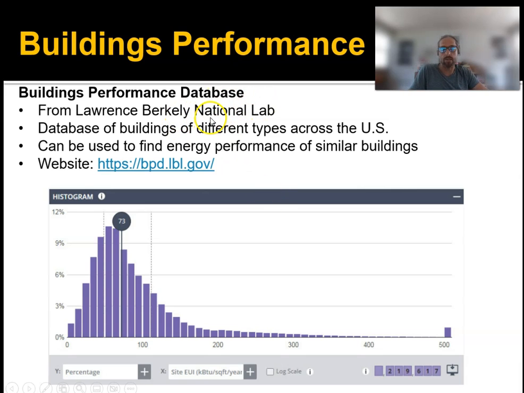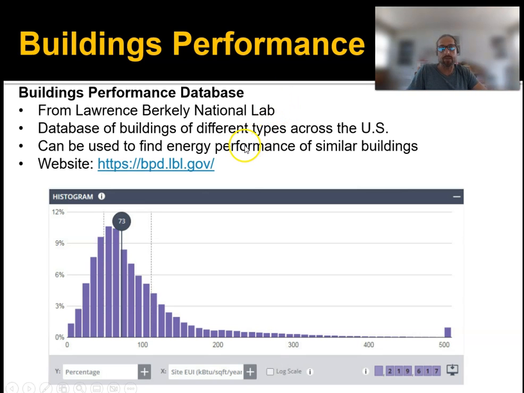So Berkeley's a national lab, really good, valid information. It's paid for by federal tax dollars, so all of the information is freely available to anybody. The BPD is a database of different building types across the United States, right? People enter their data into this database, and it's basically a compilation of all these different buildings.